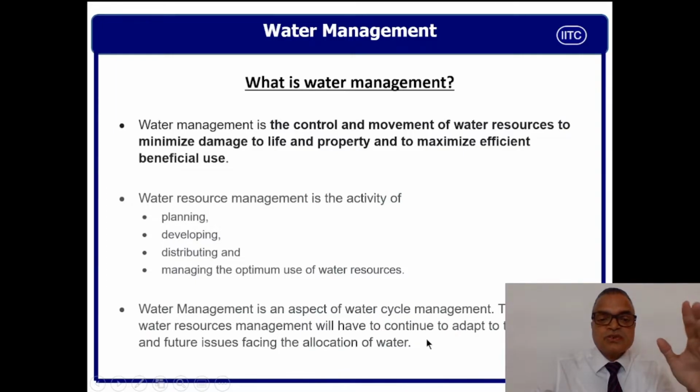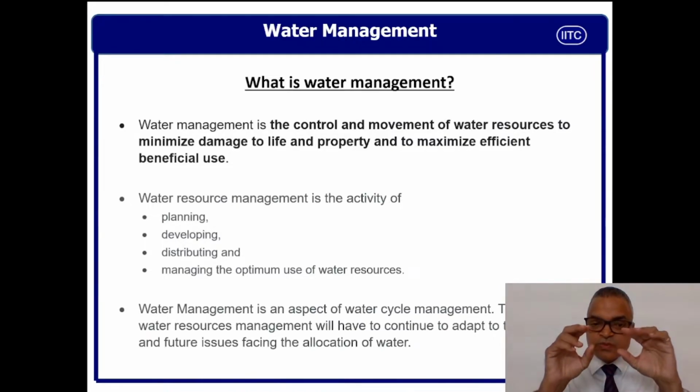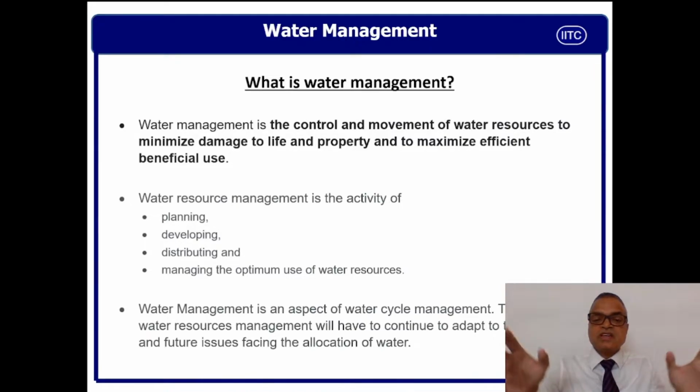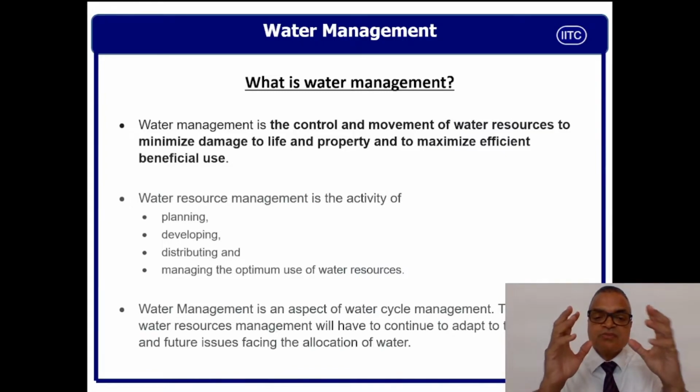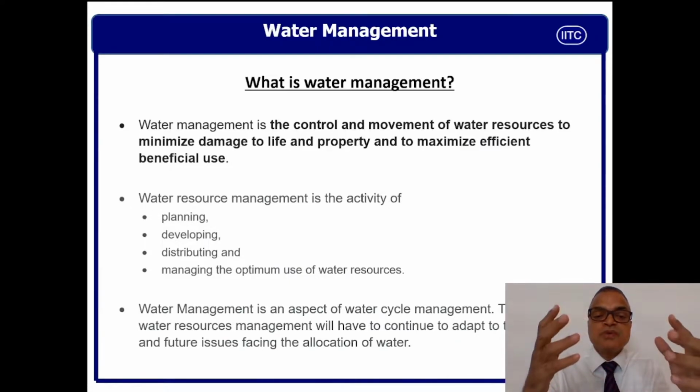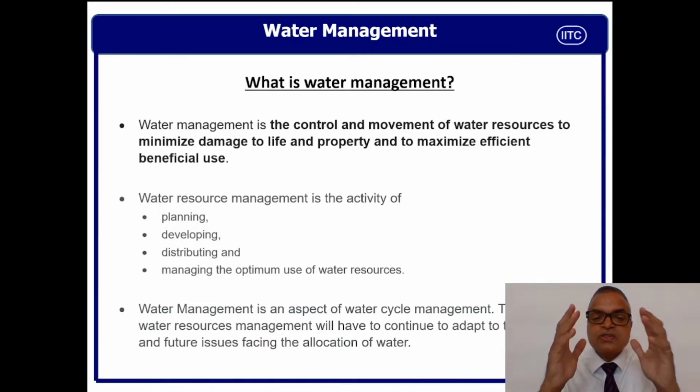Water management is an aspect of water cycle management. The field of water resources management will have to continue to adapt to the current and future issues facing the allocation of water. See guys, water management is basically a small part of complete water cycle management. And we need to see which best techniques we can use, so that there are no issues related to current use and future use of water allocations, because we have a limited resource of water.